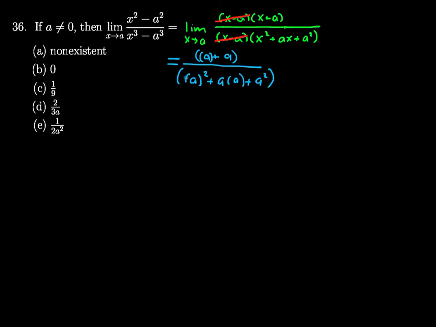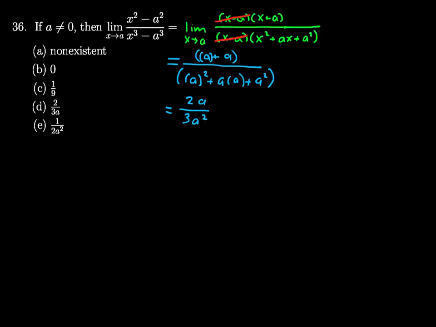That's a lot of a's in there. And so I'm going to end up with 2a divided by a squared plus a squared plus a squared, 3a squared.